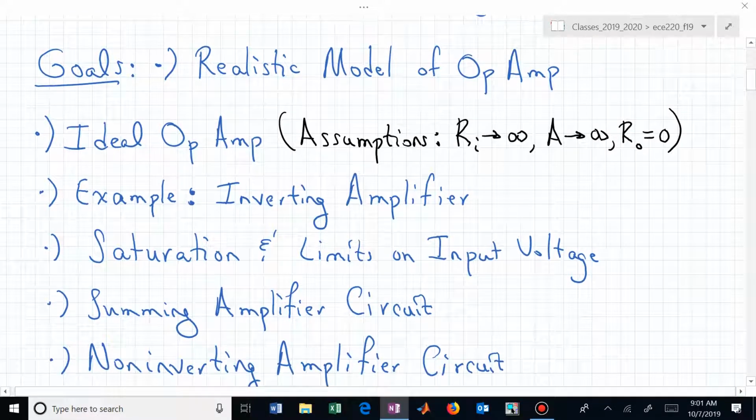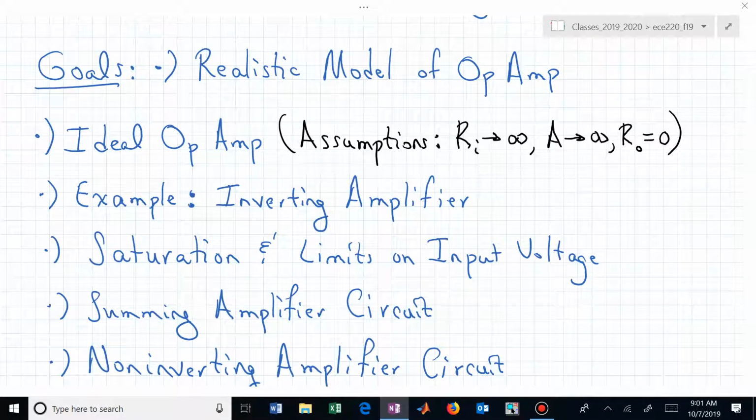I want to start today again by showing you the big real implementation of an op amp, and then show you a model for that mess of parts, how we can more conveniently model that, and that's what I mean by a realistic model of the op amp. Then we'll go a step further and ask, what's the ideal behavior that we would like?